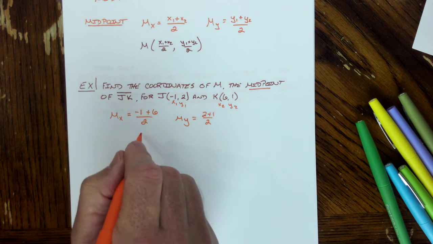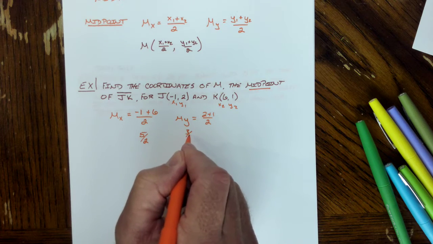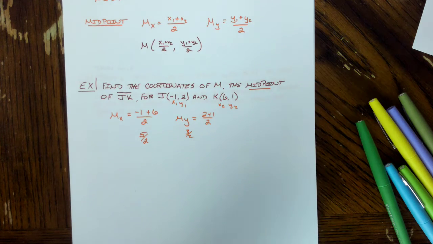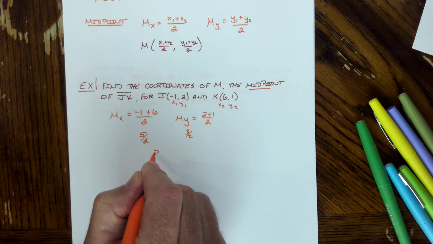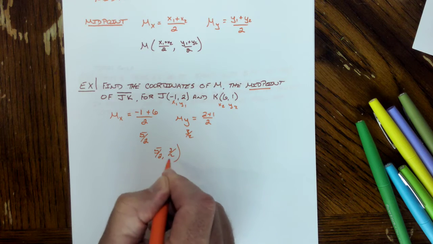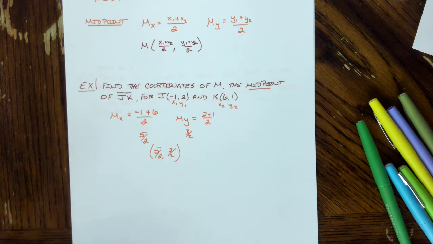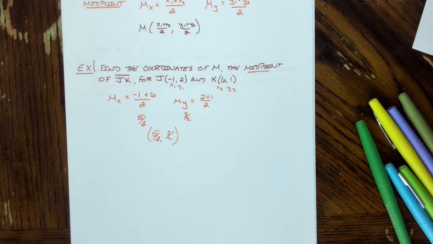As everybody knows, I'm going to get 5 halves right here. I'm going to get 3 halves right here. Leave them as an improper fraction. Change them to a mixed number if you want. 5 halves, 3 halves is what our answer is. They're just finding the midpoint.